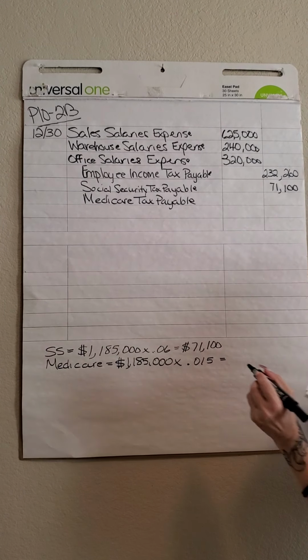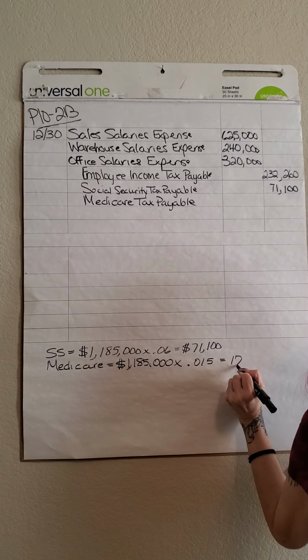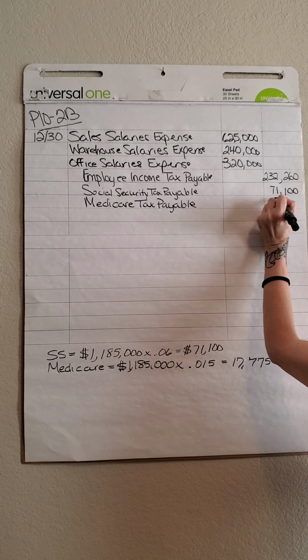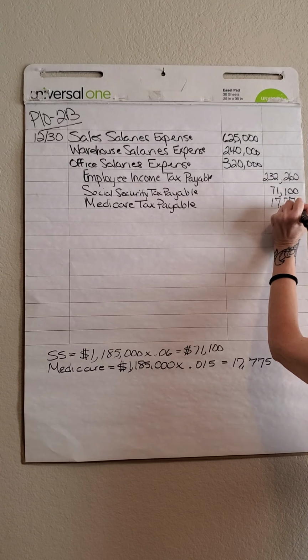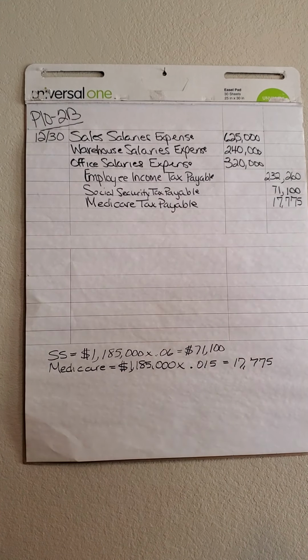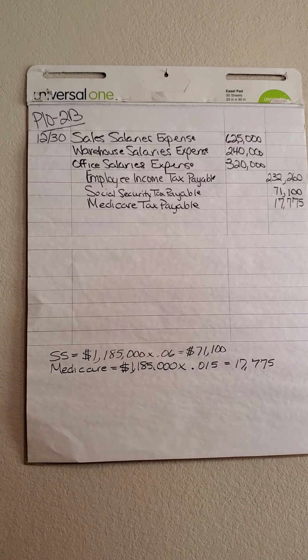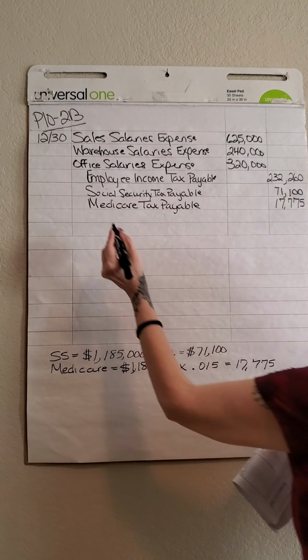And so that amount comes to $17,775. So we've got $17,775. And then we also have our U.S. savings bonds payable.